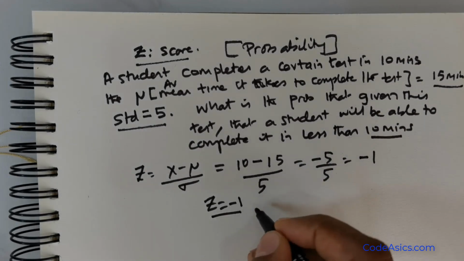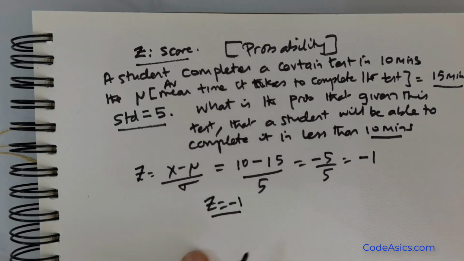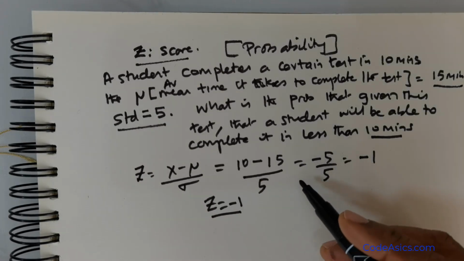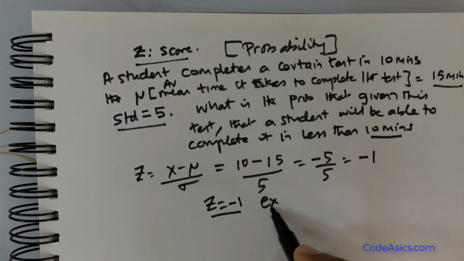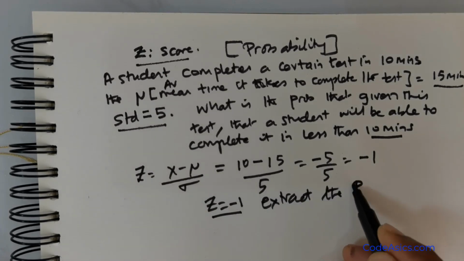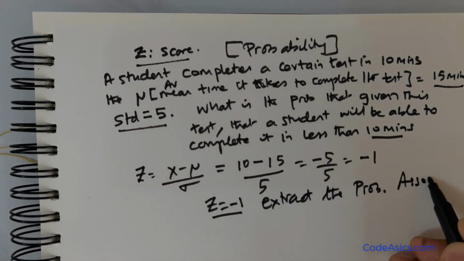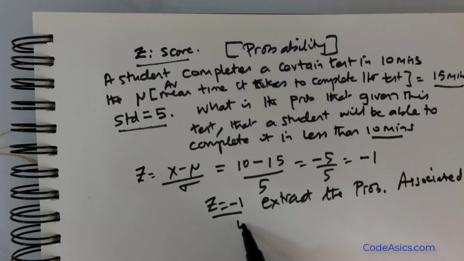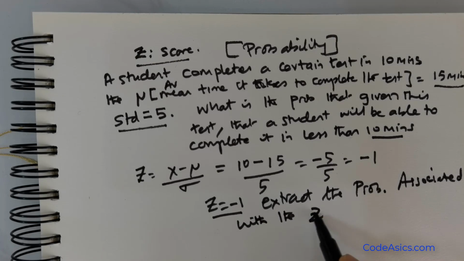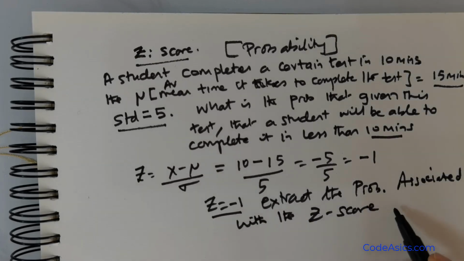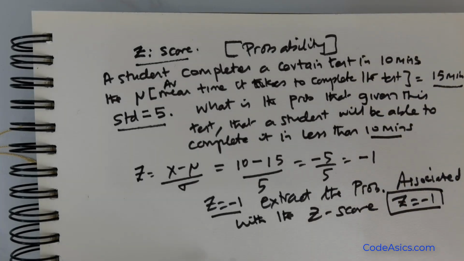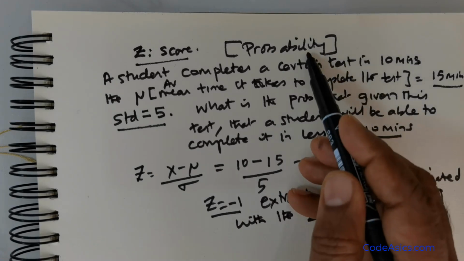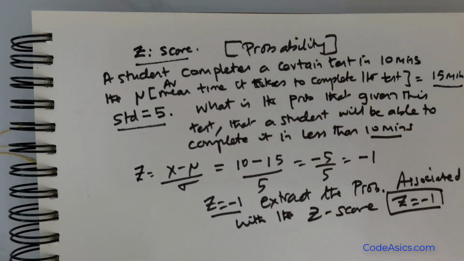Now you need to find the probability associated with negative 1. Now I'm going to put this chart on the screen and I'm going to show you exactly how to extract the probability associated with the z-score. That's a very important part, and in this case z is equal to negative 1. Now you have to understand this particular problem. In this particular problem we are looking for the probability. In the previous cases we were only standardizing and performing comparisons.